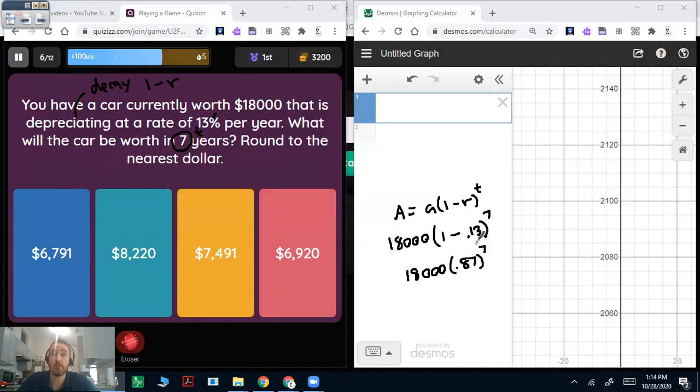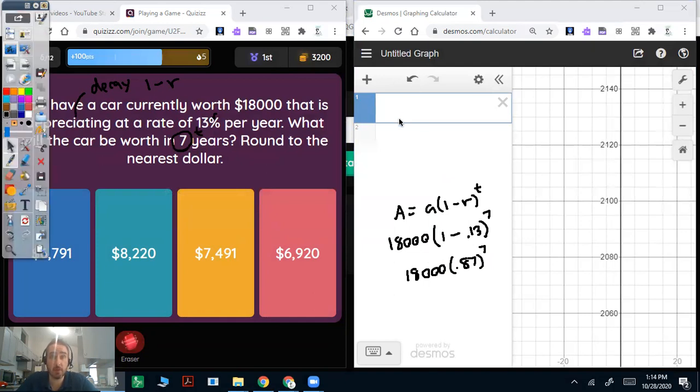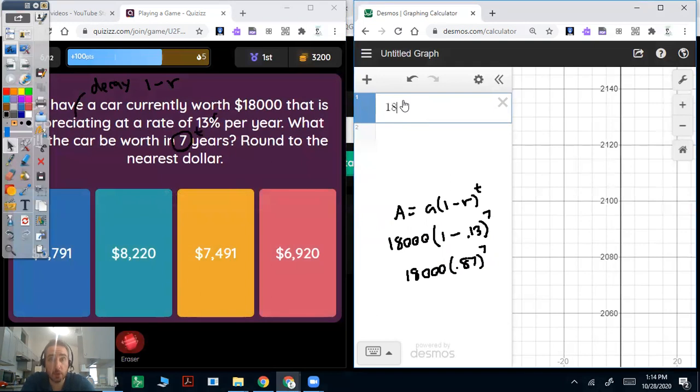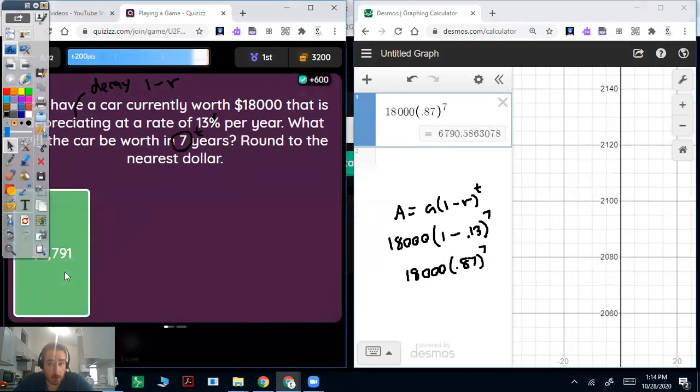It should be 0.87. When you compute that in Desmos or your preferred calculator, you get $6,790.58. So 6,791 would be your answer.